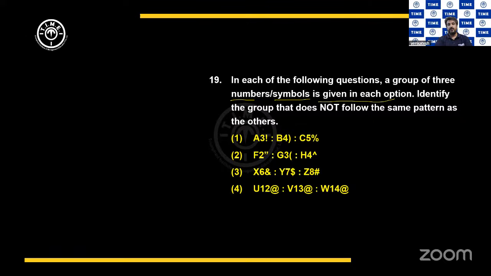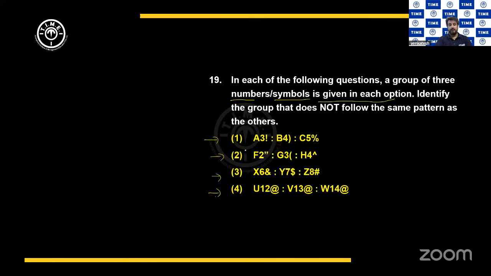Within each of these groups, you need to identify the logic. Finally, when you observe that three follow a similar manner, one will be different. The one which is different from the above will be your odd one out.